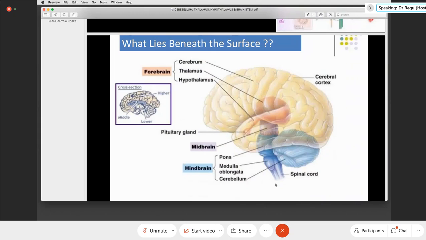Remember in my introductory lecture, I explained the 12 cranial nerves and how they function to supply the muscles and all the sensation to our face, head, and neck. And lastly, at the back here, you have the hindbrain, known as the cerebellum. So we'll start with the easiest thing first. We're going to talk about the cerebellum first.